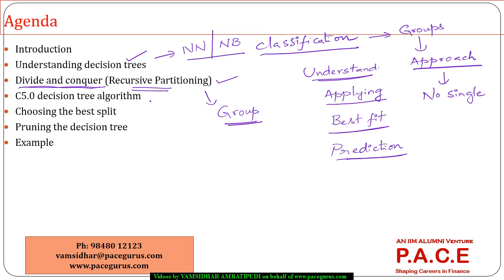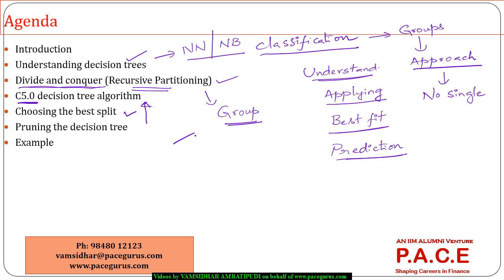For the same decision tree process, there are many different algorithms that exist. Different researchers have come out with different algorithms based on different techniques, but we will be talking about one of the most widely used techniques, the C5.0 algorithm for creating a decision tree. We'll see how we implement this kind of tree in R and how I really interpret the data.